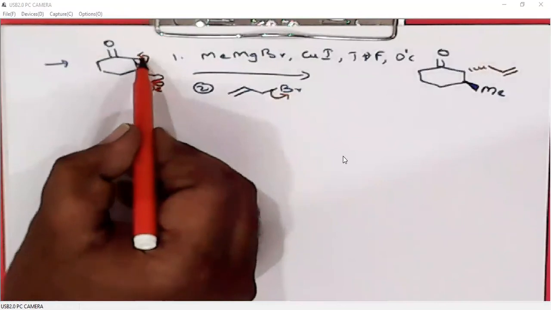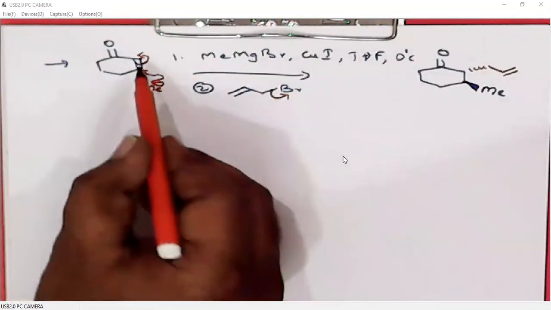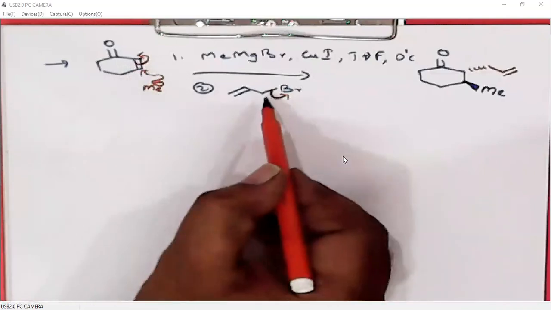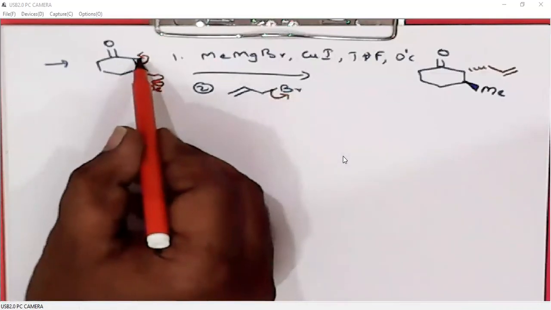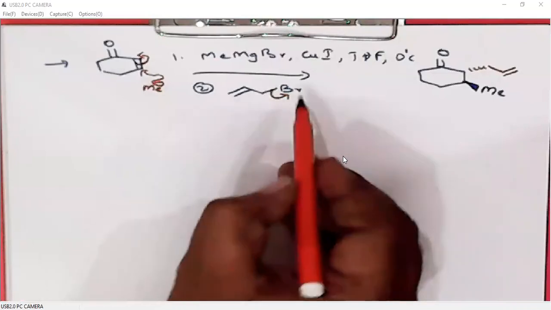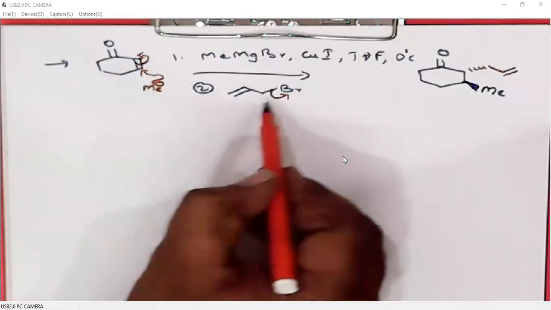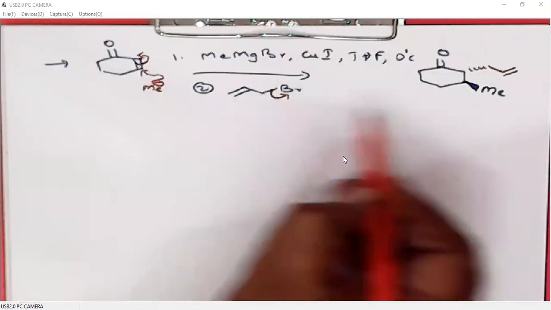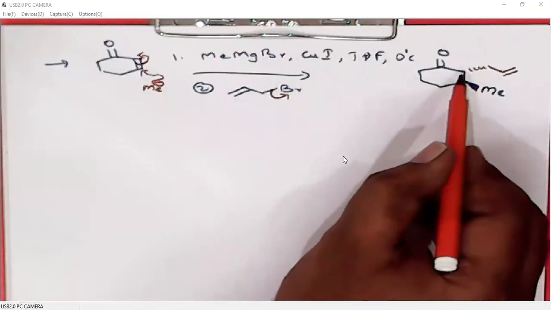This negative charge can further undergo reactions with electrophiles. When we add water, it takes the proton, but when we add another electrophile, then this carbon will react with this electrophile. Here bromine is a good leaving group, so the generated negative charge will react with this. So what we are getting is alkylation on the alpha position also.